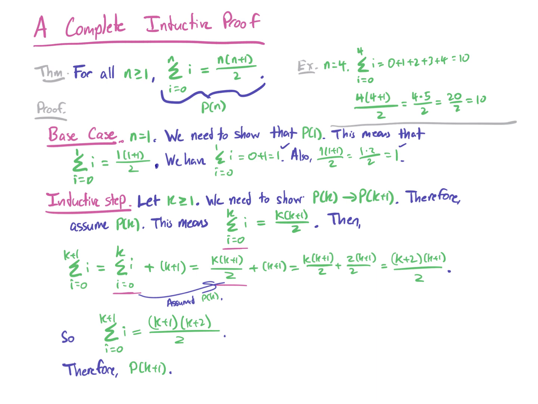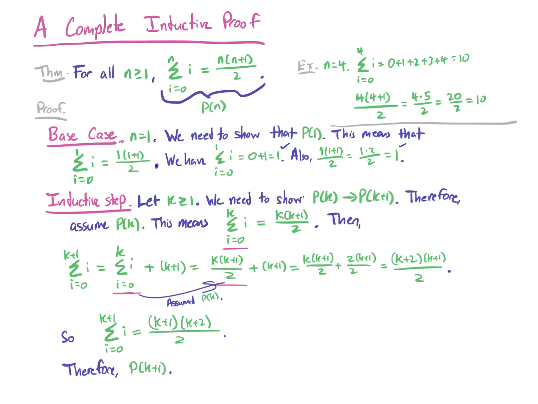Once I can do those things, actually getting from the beginning to the end is often just a matter of starting with something you know is relevant to the end, like the sum up to k plus 1, and then being a little clever about where you use your inductive hypothesis, where you assume that p of k is true.